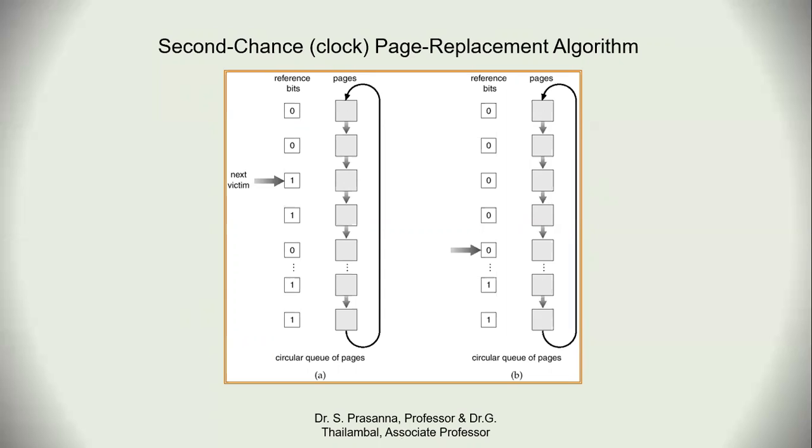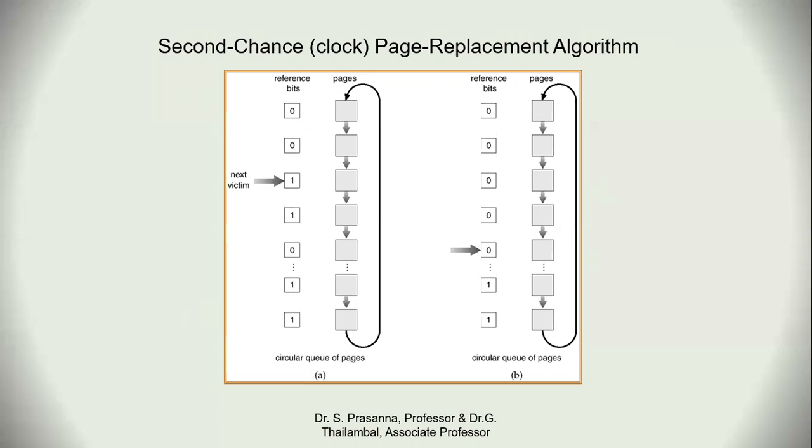Then again you have to search for the next one. When you go searching for the next one, it takes longer because you search for the next value of 0. You can find the 1 only after 10 pages.